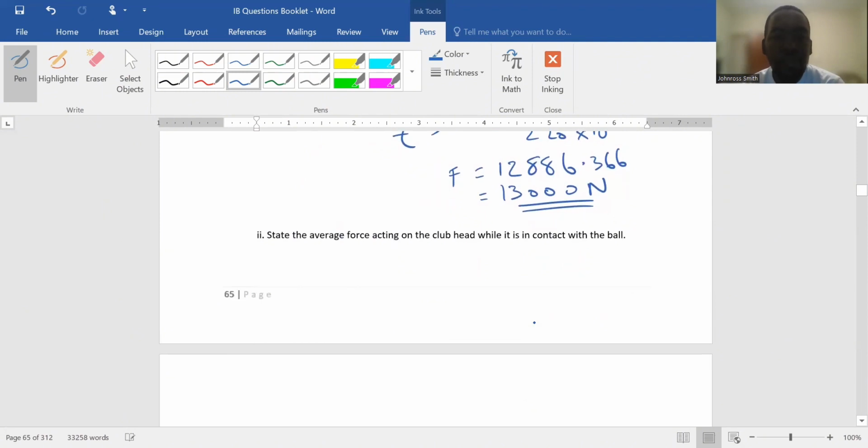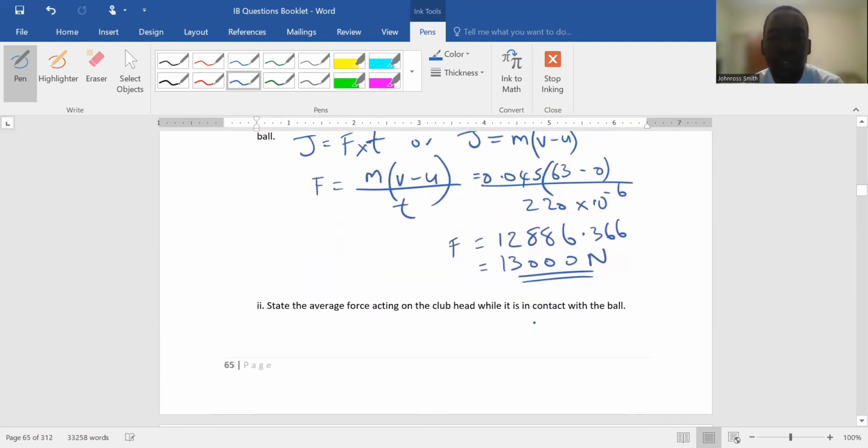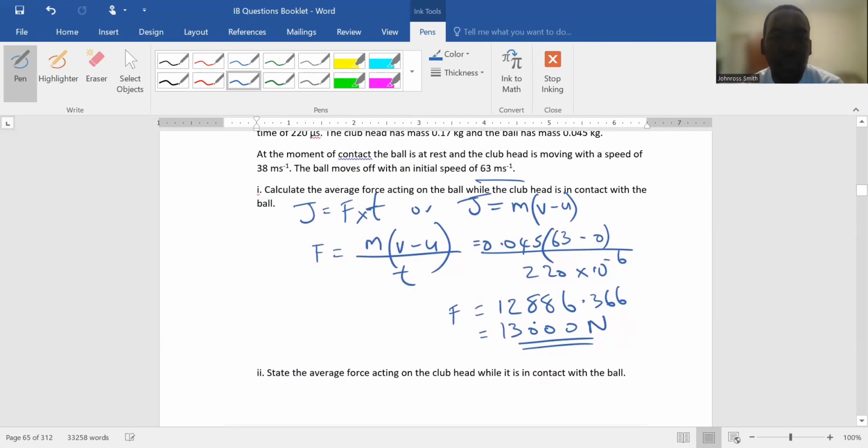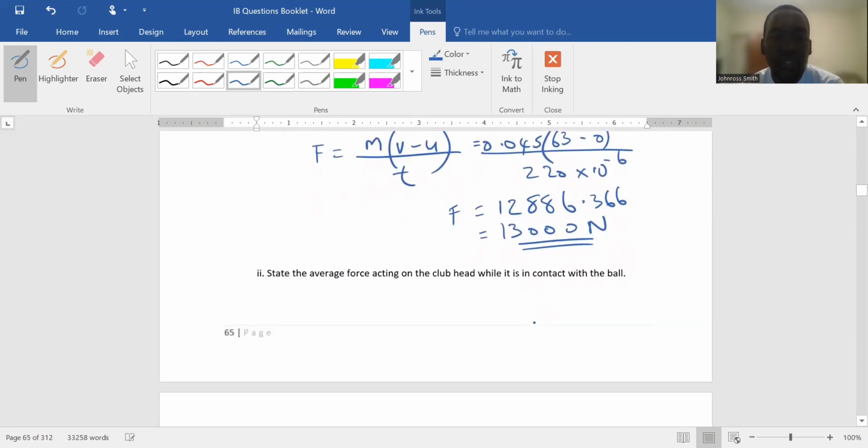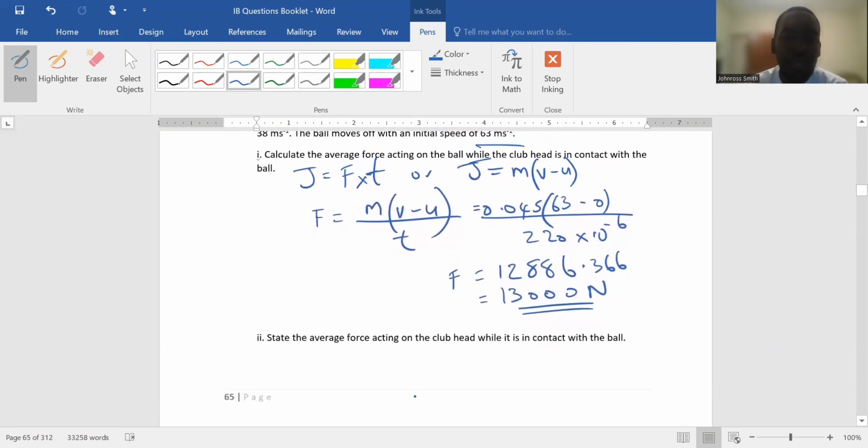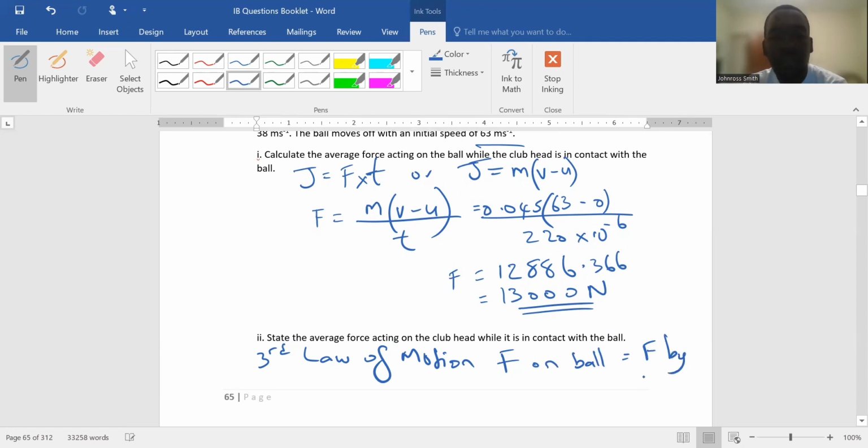State the average force acting on the club head while it is in contact with the ball. Right? So therefore, based on Newton's third law, the force on the ball would be equal to the force by the club, or on the club.